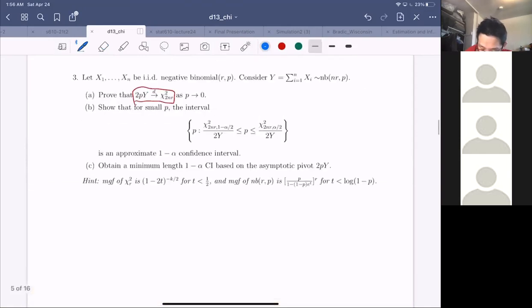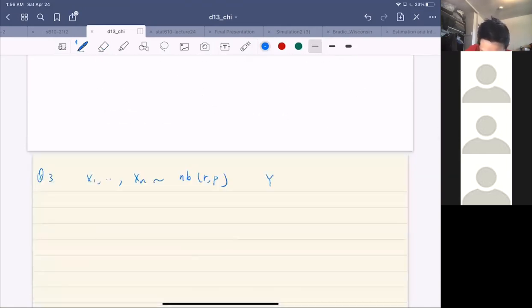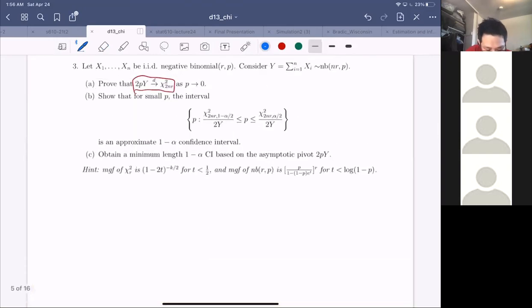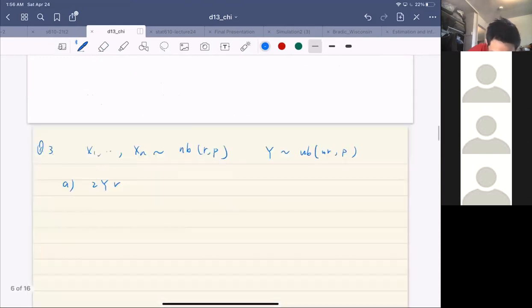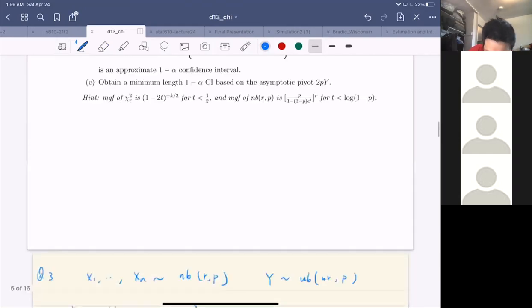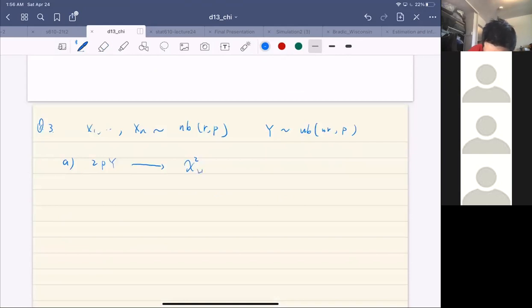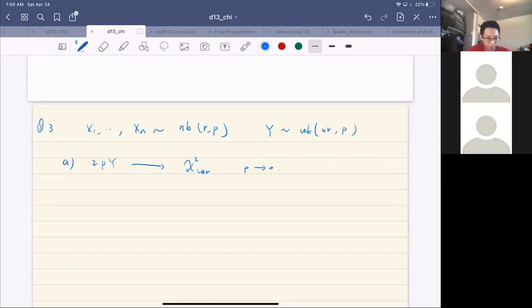So Y is a summation of X, so Y will follow the negative binomial n gamma p. And we want to prove that 2pY will converge to chi square 2n gamma as p goes to 0.